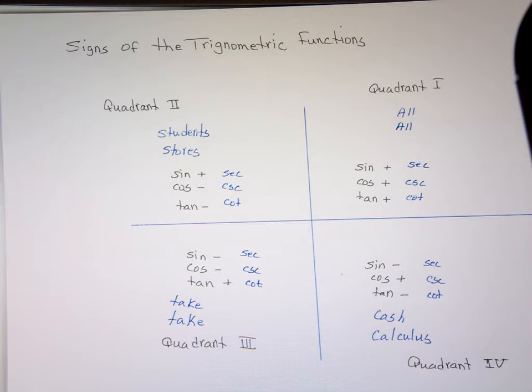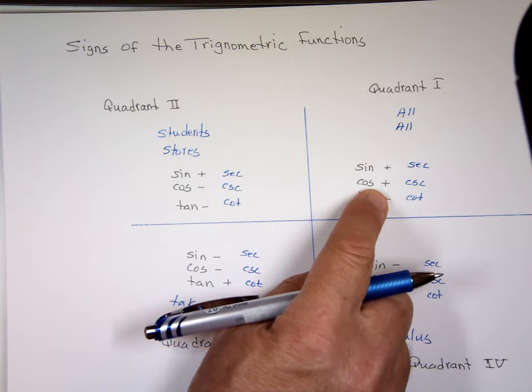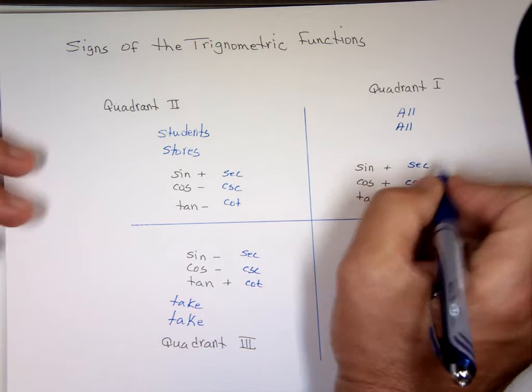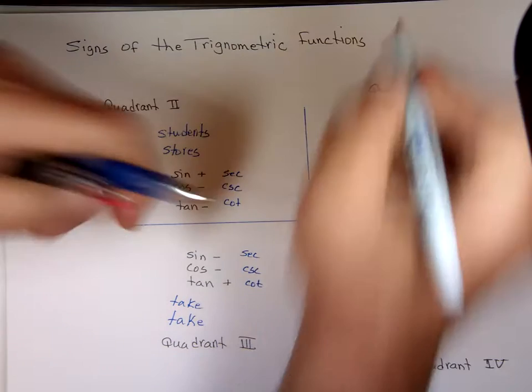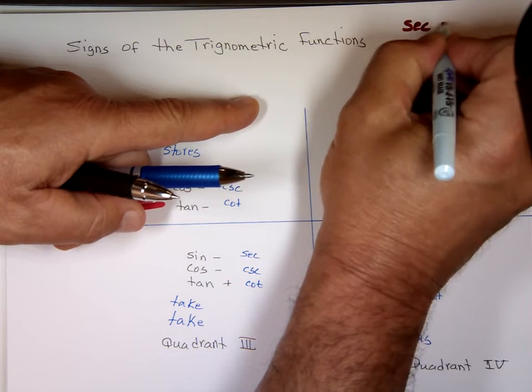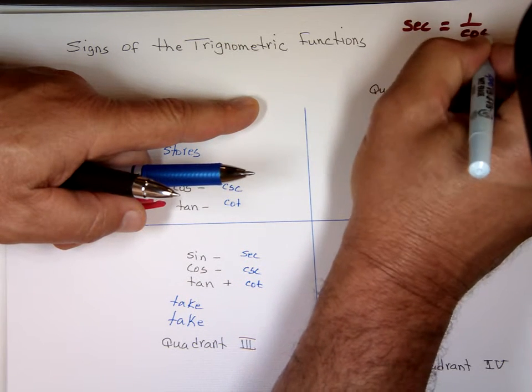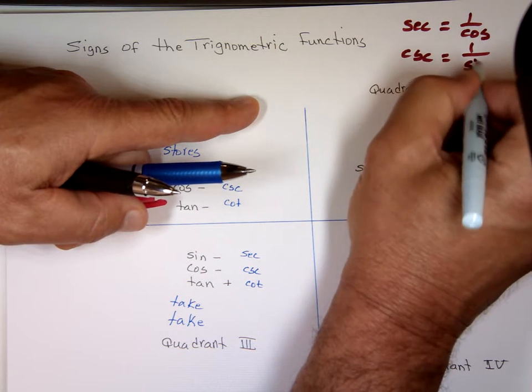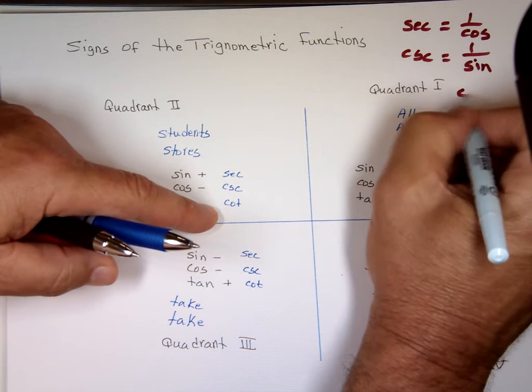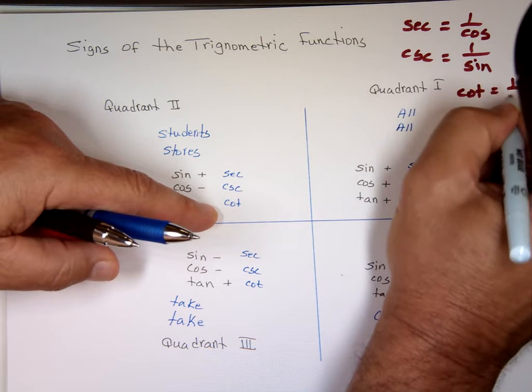Secant is 1 over what? 1 over the cosine. So if your cosine is positive, 1 over a positive number is what? Positive. I'll put them here again in case you forgot. Secant equals 1 over cosine. Cosecant equals 1 over sine. And cotangent equals 1 over tangent.